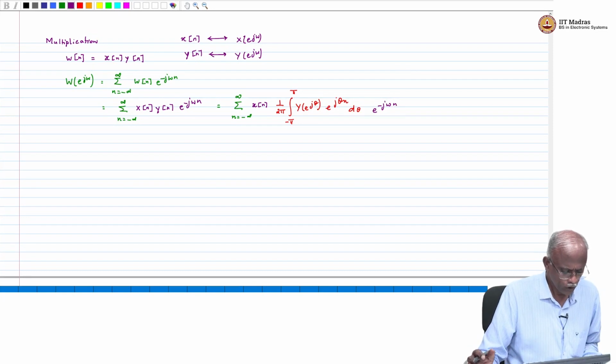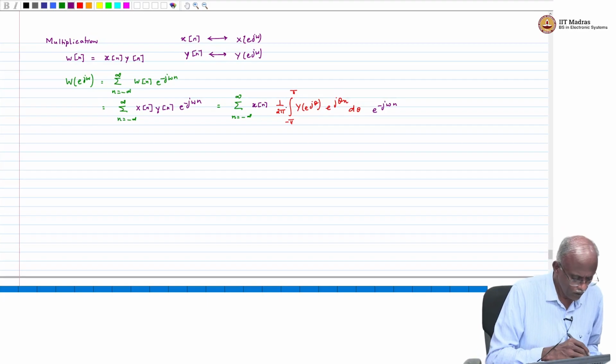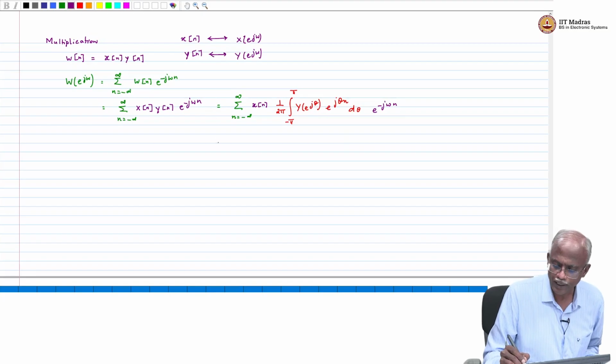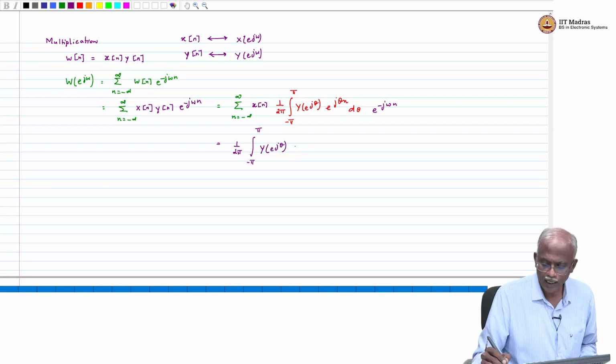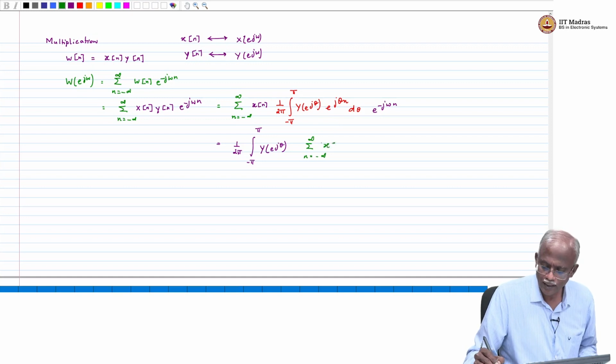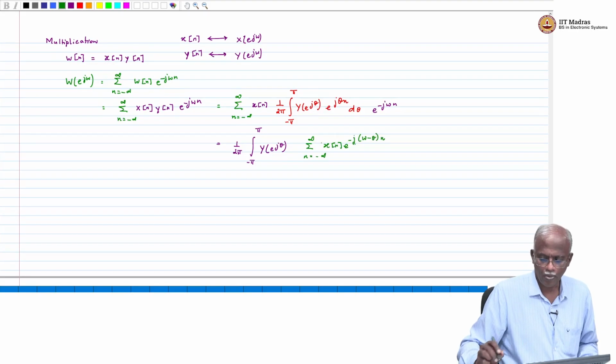Now what we would like to do is to look at this expression that we have and interchange the order: 1 over 2 pi, integral from minus pi to pi of Y(e^{j theta}), and inside you get a summation, n equal to minus infinity to infinity, x of n e^{-j(omega minus theta)n}.